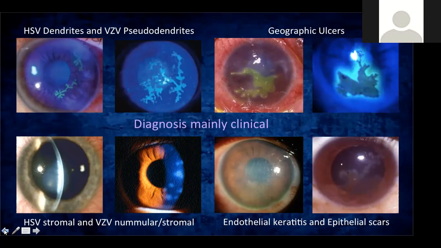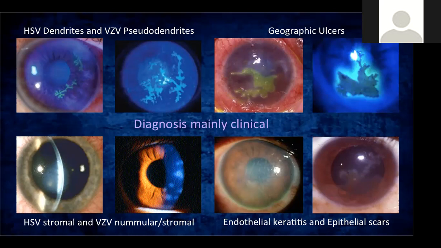So for the treatment of the different types of infectious corneal ulcers, it depends, of course. If it's bacterial, you choose your antibiotics. If it's viral, you have your topical antivirals. If you're dealing with parasites, you also have antiparasitics. For fungal infections, you have your antifungals.